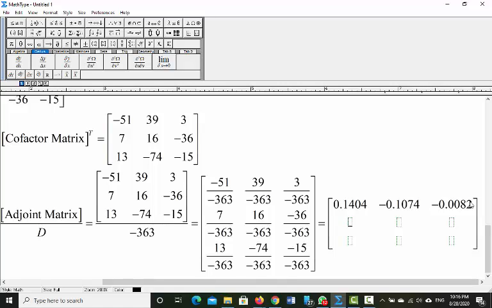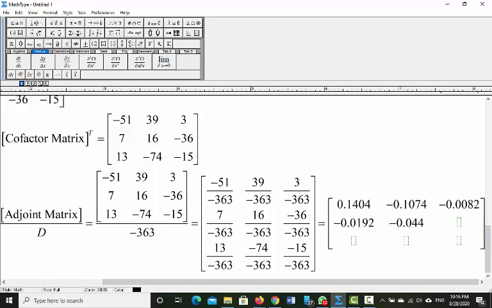Now we will divide 7 divided by minus 363, which is equal to minus 0.0192. Right. Next one. 16 divided by minus 363, that is minus 0.044. Next one.